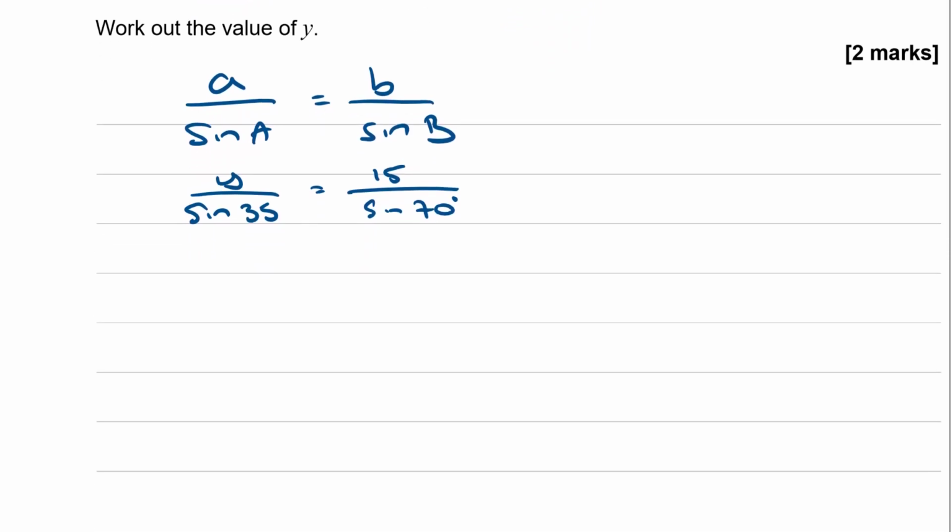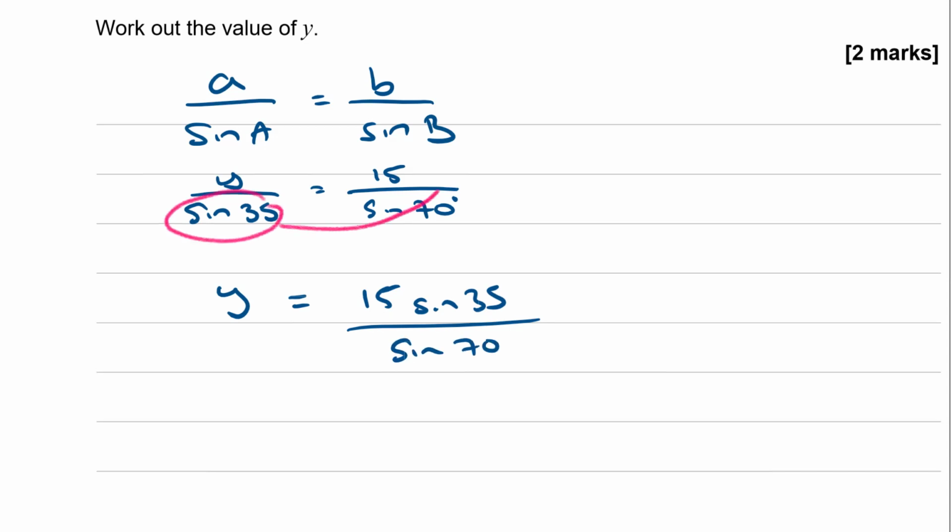Rearranging, y equals 15 sine 35 over sine 70. I've just taken that and moved it up there, if you can see.